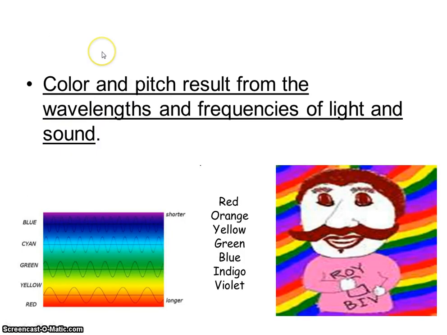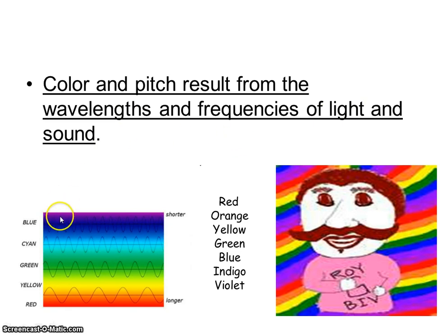We see different colors in the electromagnetic spectrum from the electromagnetic waves, and we hear different pitches from sound because of the differences in wavelength and frequency of light energy right here, light waves, which are a kind of electromagnetic wave, and sound waves, which are a kind of compression or longitudinal wave.